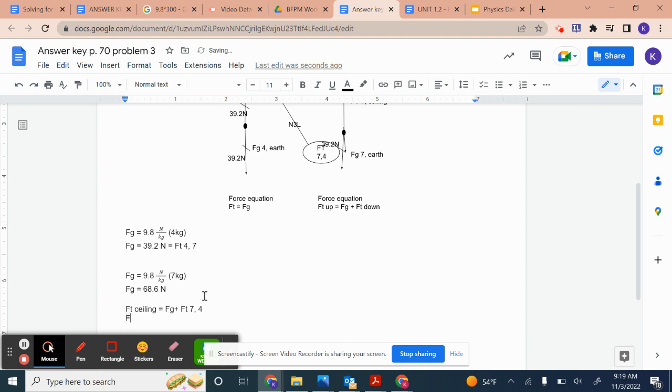So the last tension I'm solving for is Ft by the ceiling. I know the Fg, it's 68.6 newtons. And I know the Ft on the 7 by the 4, that was my Newton's third law pair force, was 39.2 newtons. I'm going to add those together, and I'm going to get 107.8.